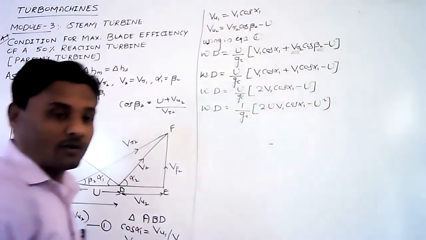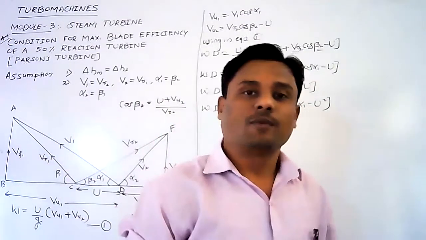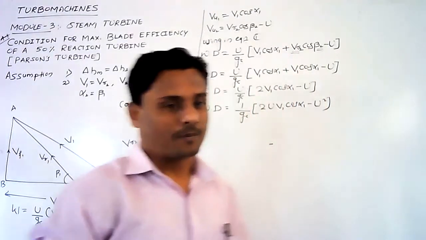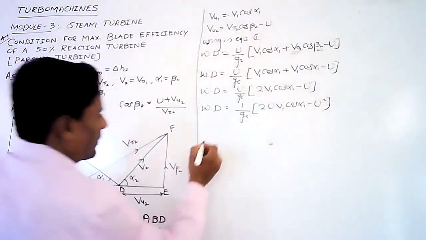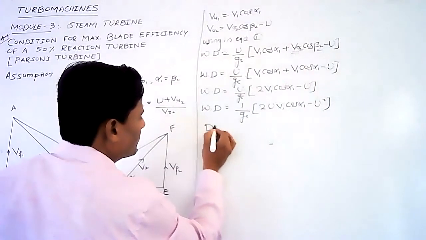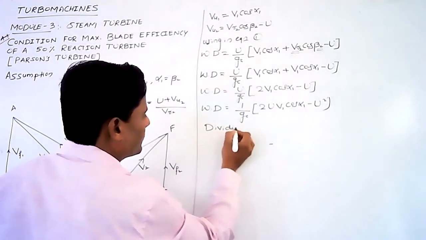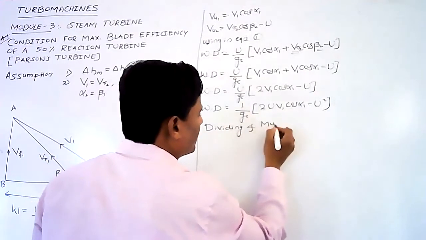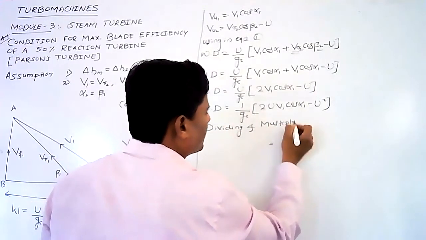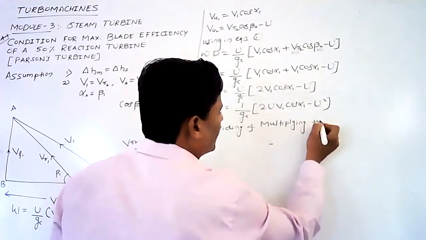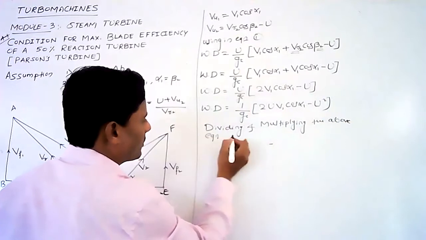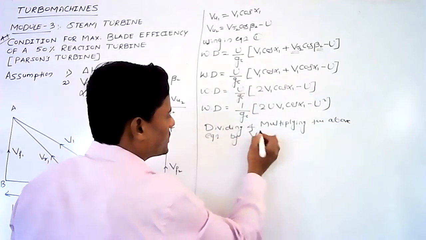For our convenience, let us divide and multiply the above equation by V1 square.